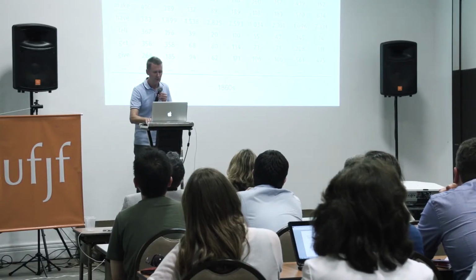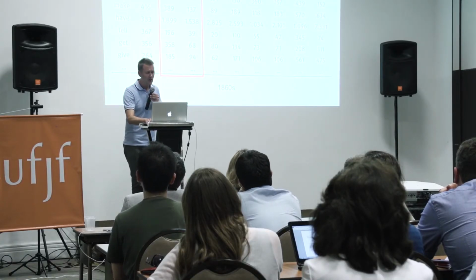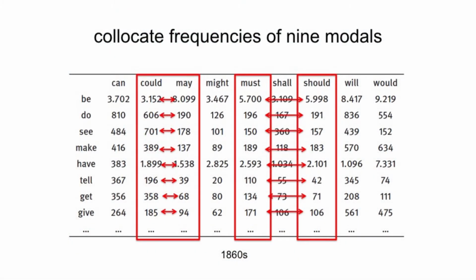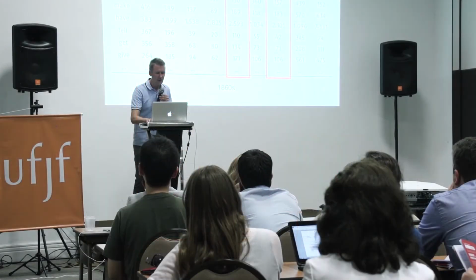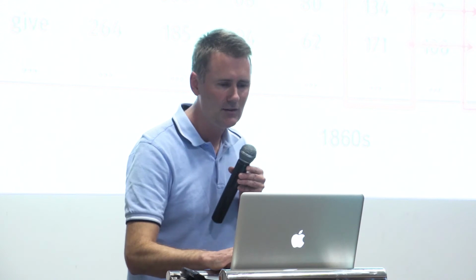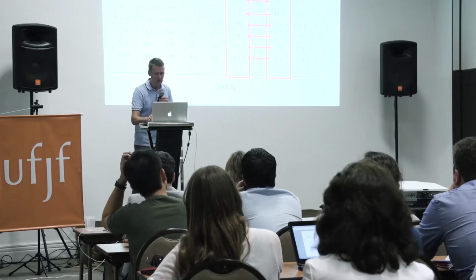For instance, we could look at could and may and add up the frequency differences between all the different collocates and get to some sort of numerical estimate of how similar or different they are. Or we could look at must and should, do the same thing, and actually see whether they are more different from one another than could and may, or more similar to one another.